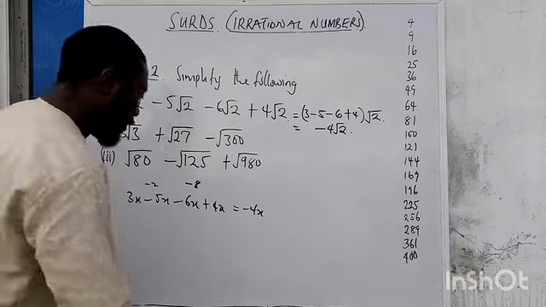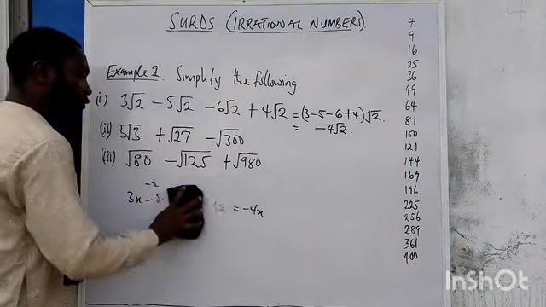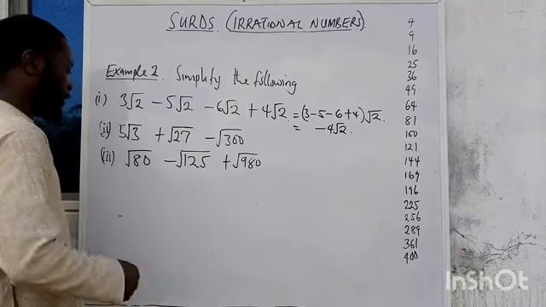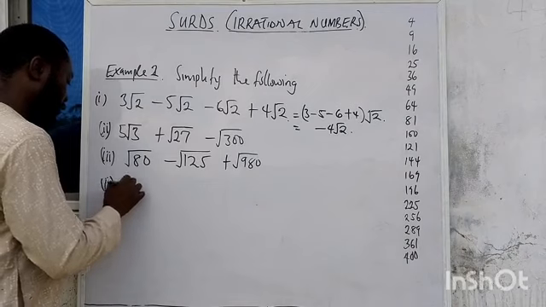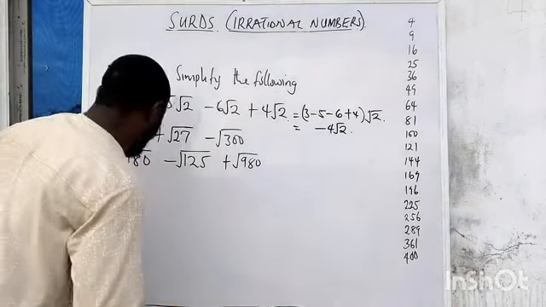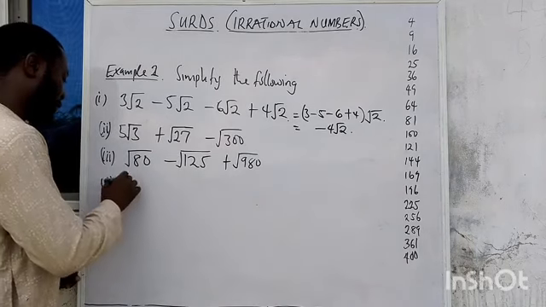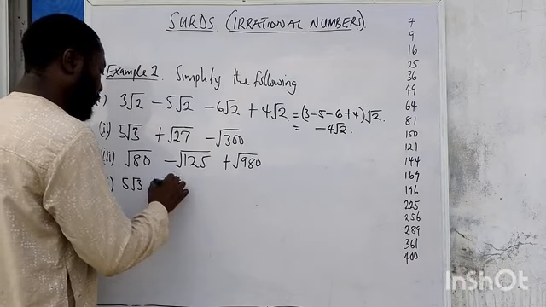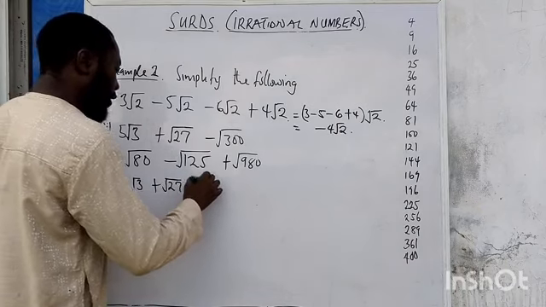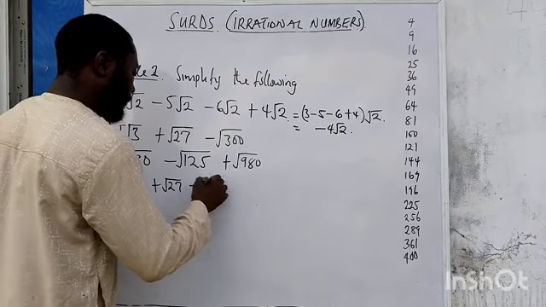Now let's work together with the second example. Here we have question 2. We have 5 root 3 plus square root of 27 minus square root of 300.